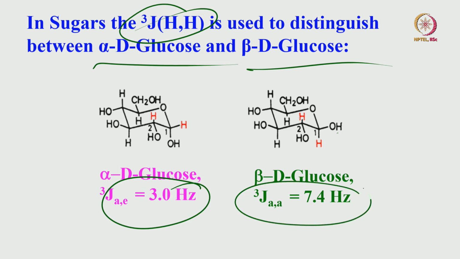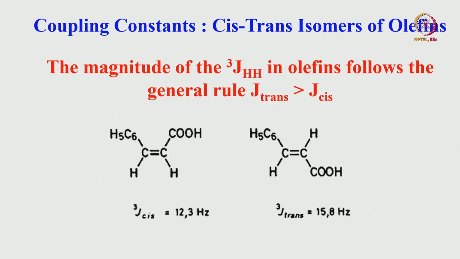As a consequence, there is axial orientation between these 2 protons, so coupling is larger. In the alpha case, it is axial-equatorial orientation, so coupling is smaller. So, if you have a sugar molecule, measure this coupling, then you know whether the coupling is smaller or larger. Based on that, you can say whether it is alpha glucose or beta glucose, very easily.